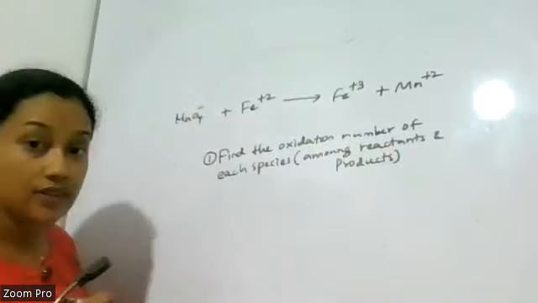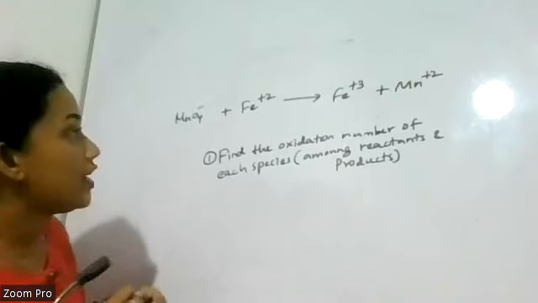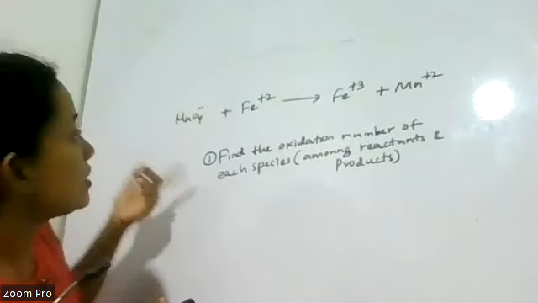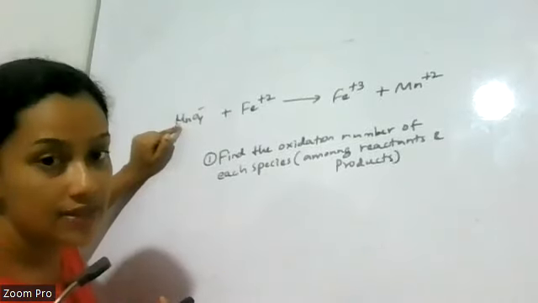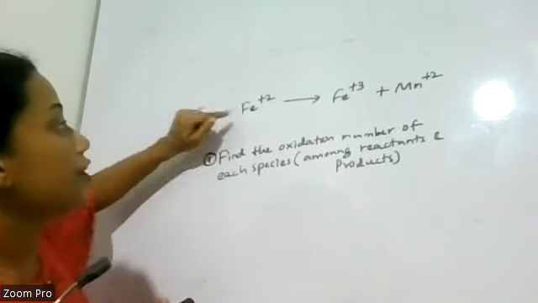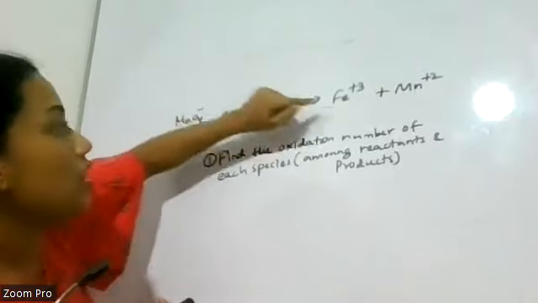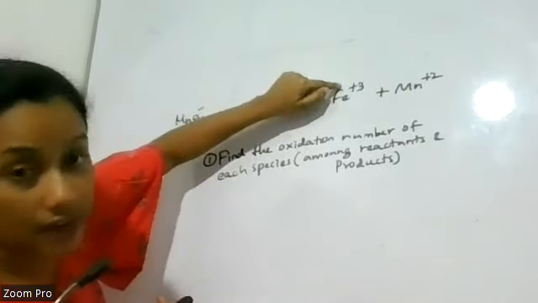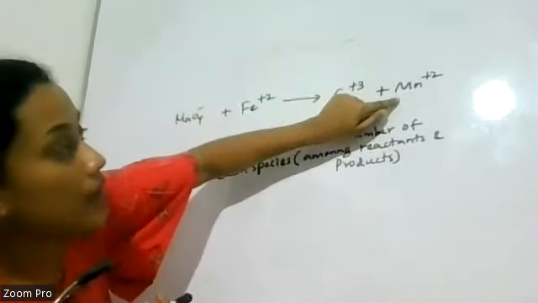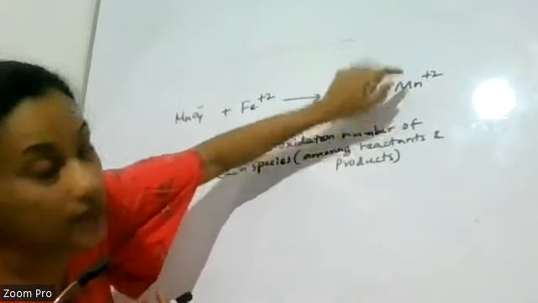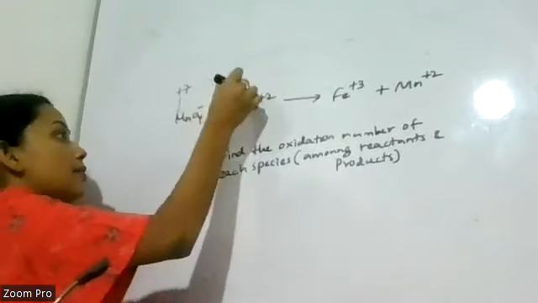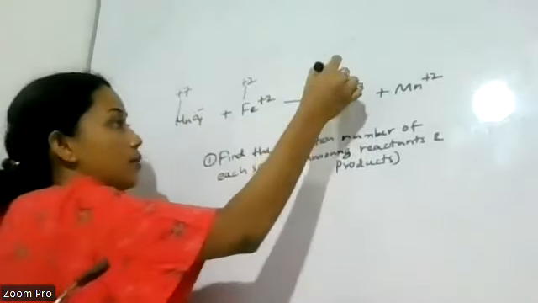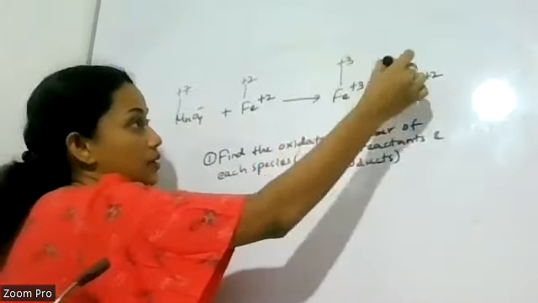How do we take oxidation numbers? Here, manganese has +7 oxidation number. Iron 2 plus is directly +2. Iron 3 plus is directly +3. And manganese 2 plus is directly +2. Here, manganese +7, +2, +3, +2.